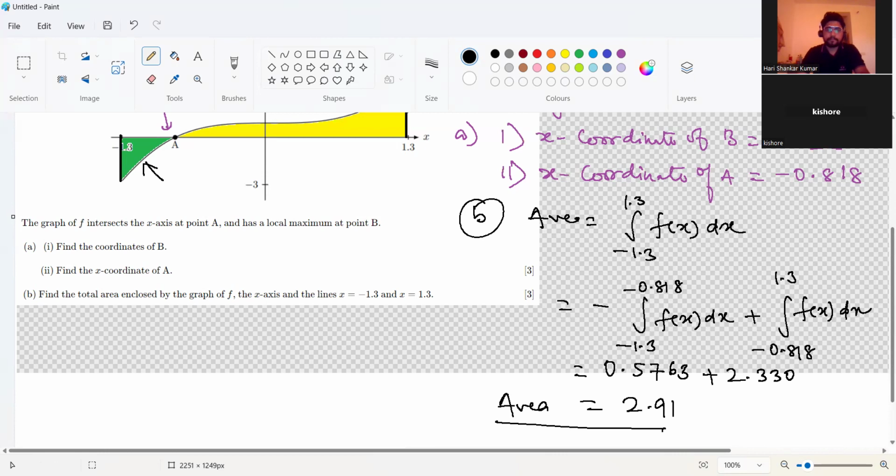This is the total area we are getting. Okay. Is it clear?